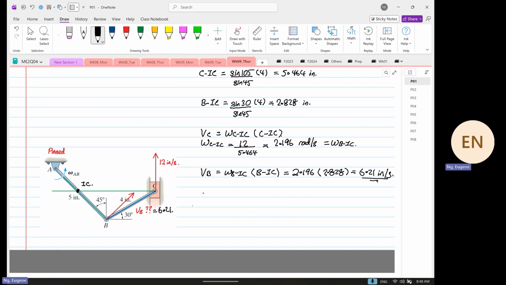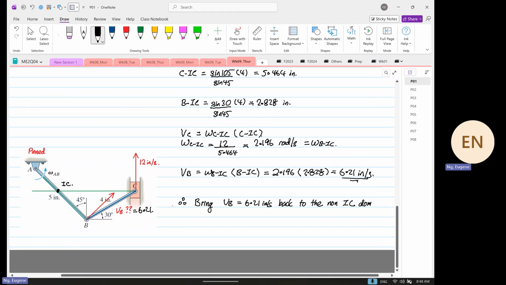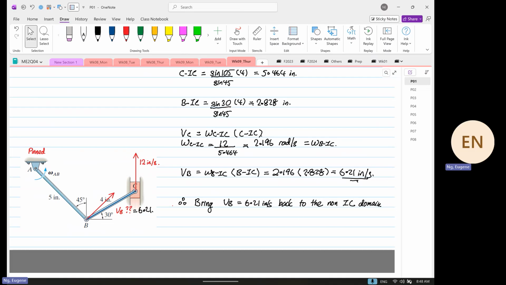So therefore, you're going to bring it back to the non-IC domain. Now imagine we don't have IC now, but we know that this is equal to what? 6.21 inches per second.